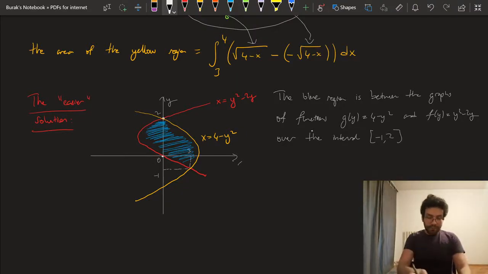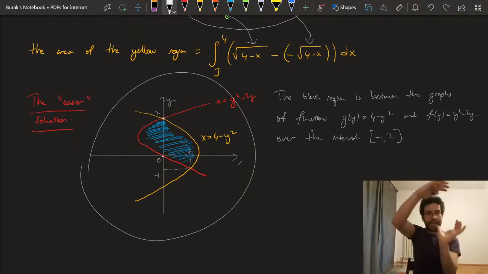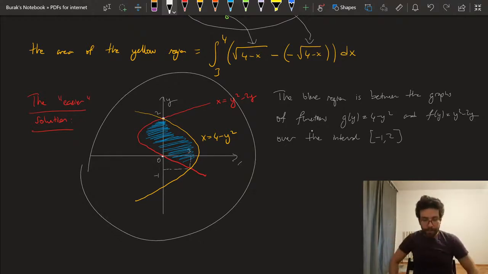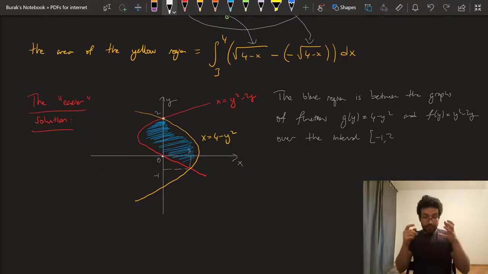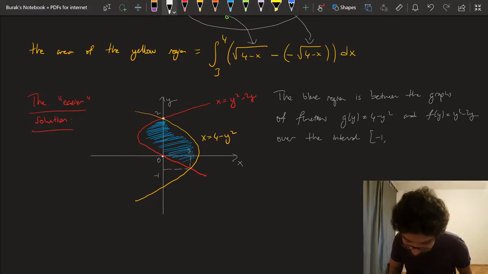Okay, so take this whole picture, flip it. This region is between graphs of functions of y, g of y equals 4 minus y squared and f of y equals y squared minus 2y over the interval minus 1 to 2.